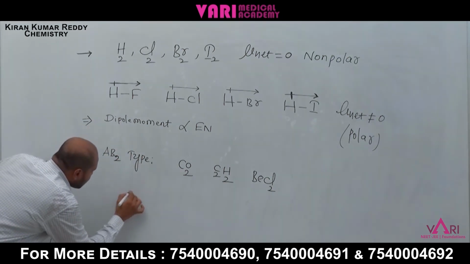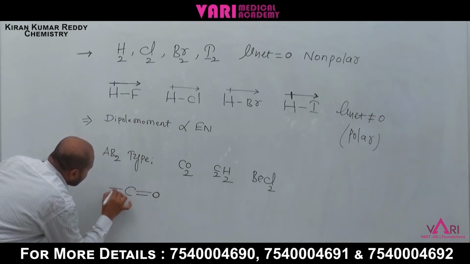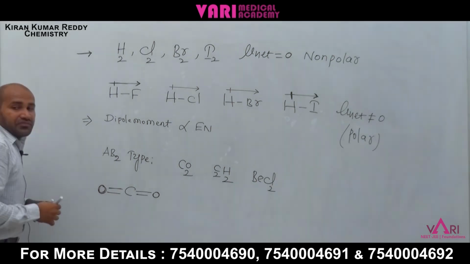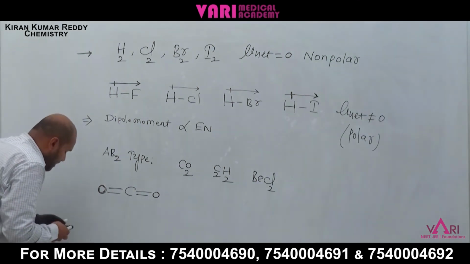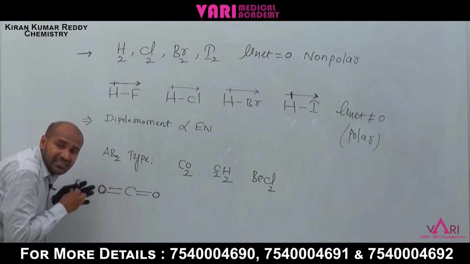The carbon dioxide structure is linear, and the surrounding atoms are the same. Which one is more electronegative, carbon or oxygen?